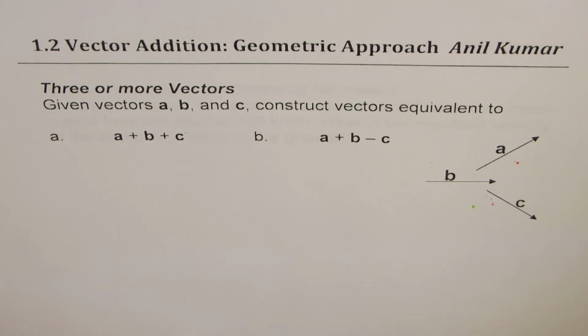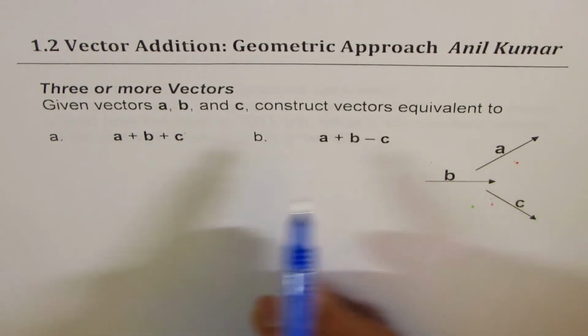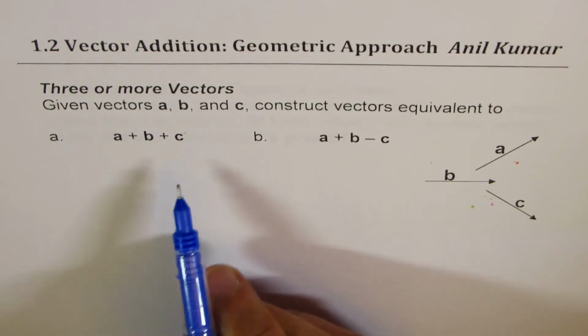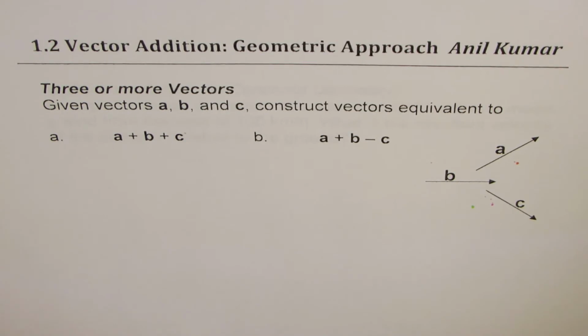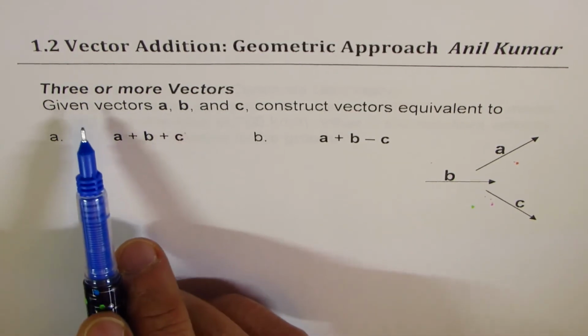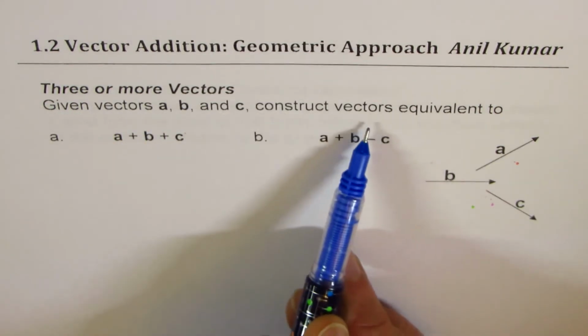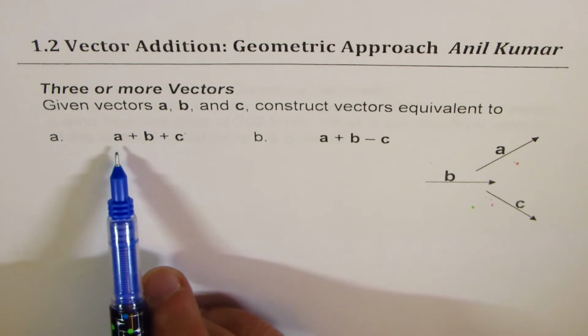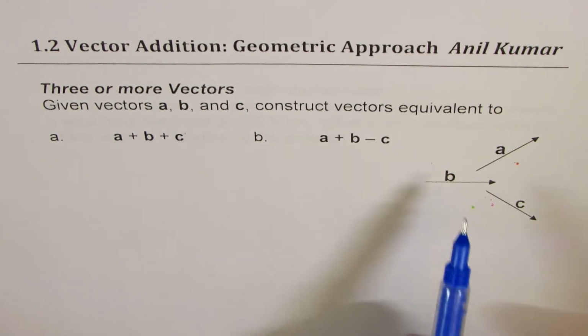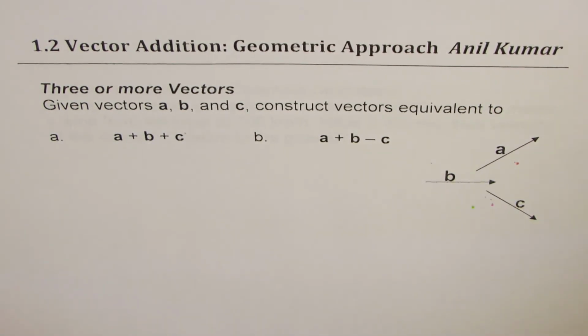We considered two vectors so far. Let us take an example with three vectors. All that we have learned can be applied to any number of vectors. So given vectors A, B and C, construct vectors equivalent to their sum, A plus B plus C. Now these are the vectors given to us.